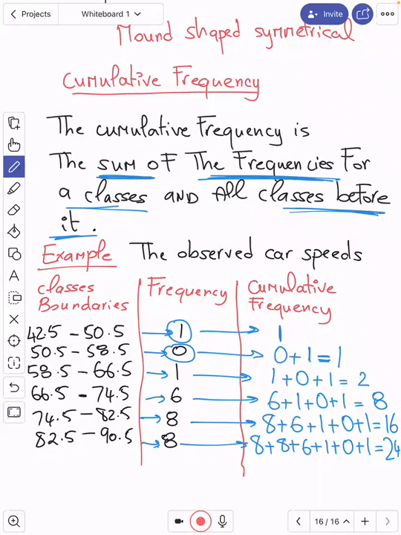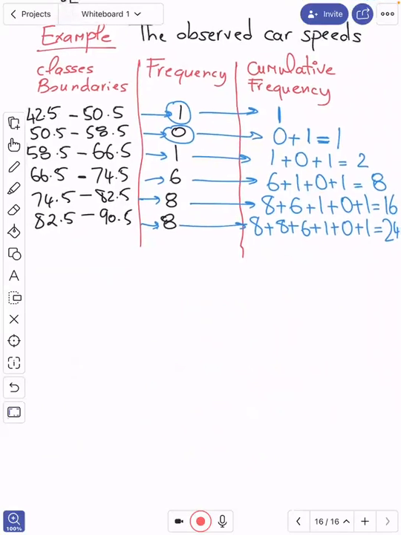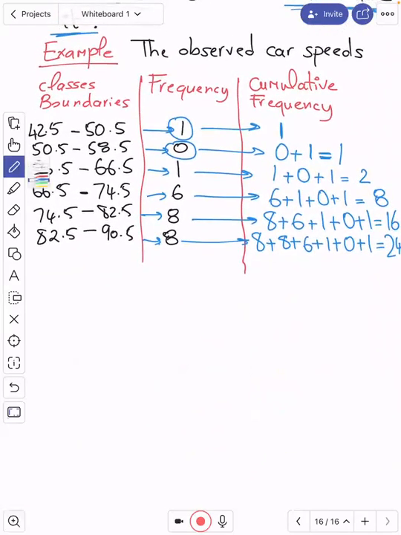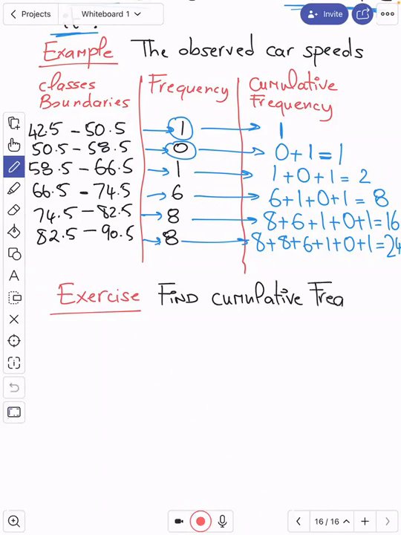Okay. Well, now let's do an exercise. I'm going to come back to the example of the goals scored by the MLS teams. The goal here, of course, is to compute the cumulative frequency. So again, we have this example.